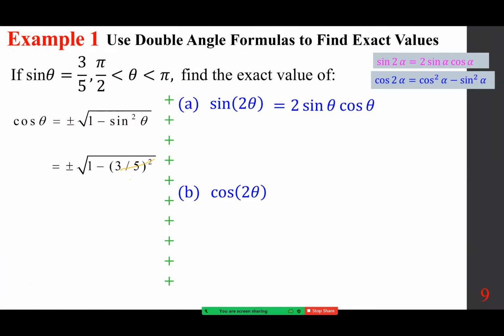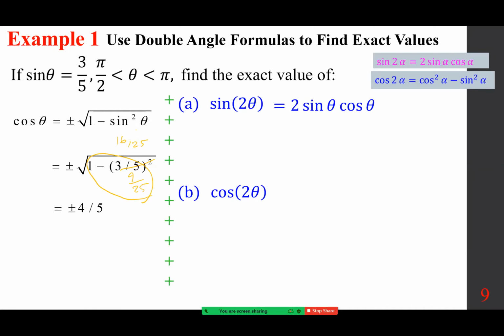The difference, 1 minus 9/25, inside is 16/25, and it comes out of the radical as 4/5, so plus minus 4/5.